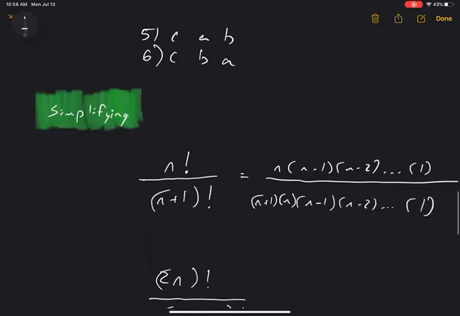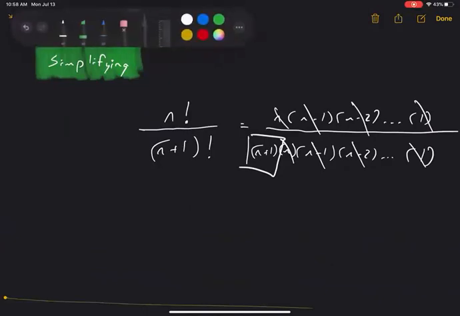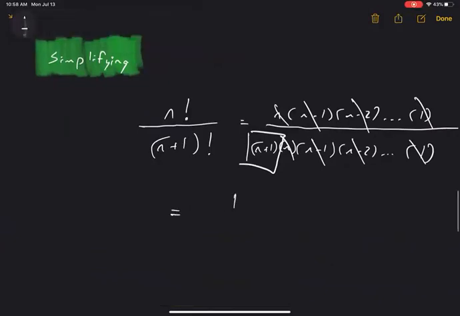Notice I have an n on the bottom and on the top, n minus 1 on the bottom, n minus 1 on top. All these terms cancel. The only thing left over is this n plus 1. So this simplifies to 1 over n plus 1, and now I don't have any factorials.